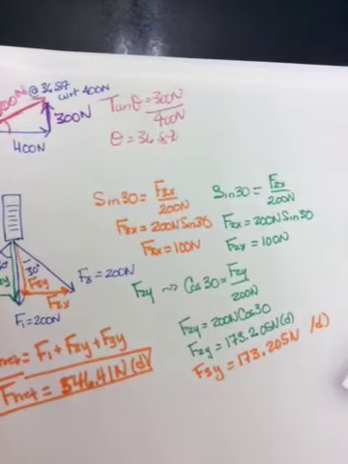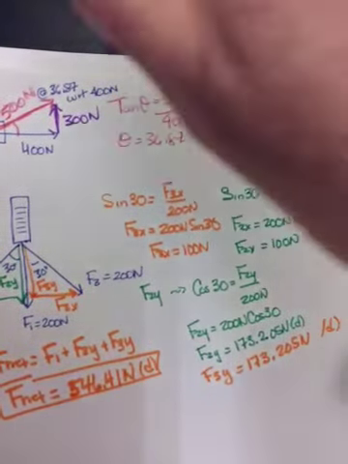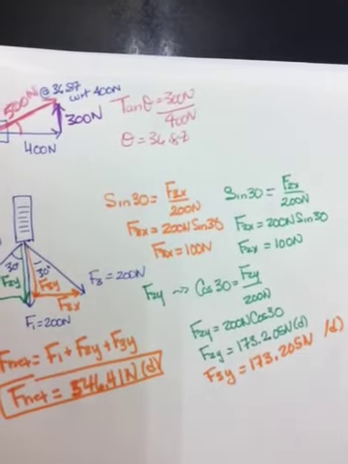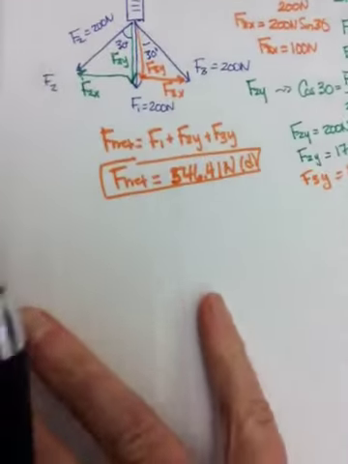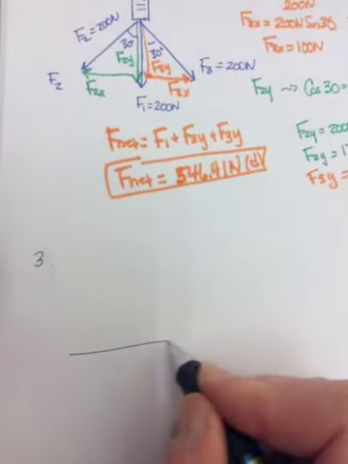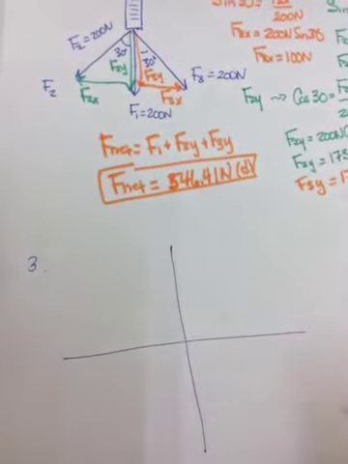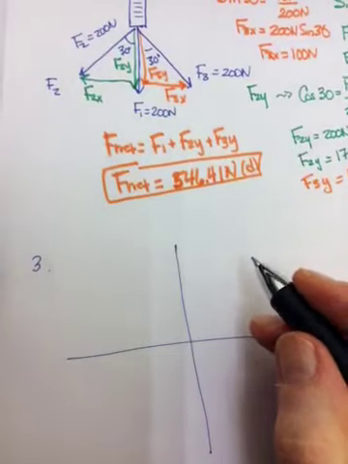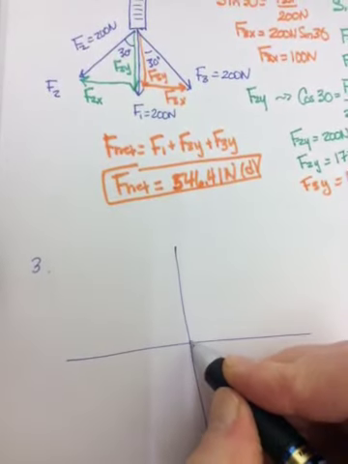All right, number 3. Number 3 is not as hard as it might appear if you draw it carefully. So for number 3, let's assume we have an XY axis. It says 6 forces acting on a central object. Force 1 is 300 newtons acting at an angle of 30 degrees.